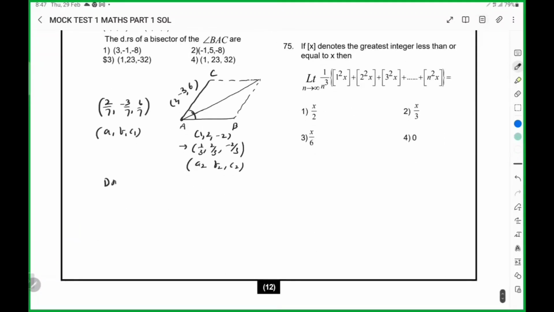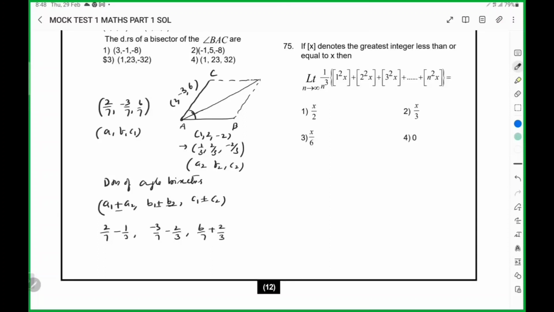So the DRs of the angle bisector will be A1 plus A2, B1 plus or minus B2, C1 plus or minus C2. So possibility: 2 by 7 plus 1 by 3, minus 3 by 7 plus 2 by 3, 6 by 7 minus 2 by 3.